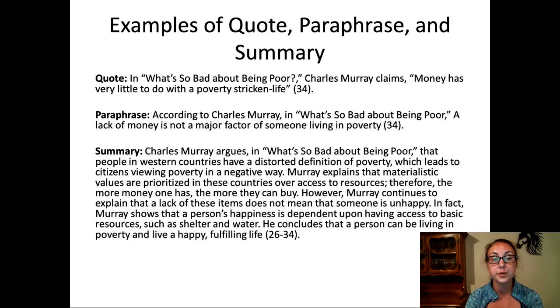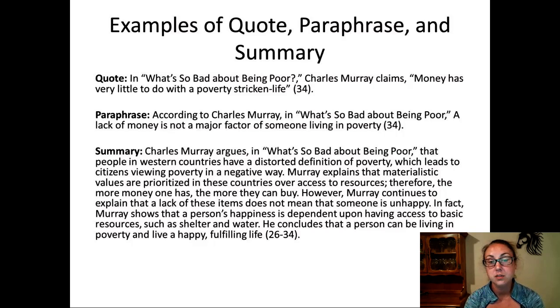In fact, Murray shows, so again, you have to have a lead-in phrase for every sentence in a summary containing source material, or any sentence containing source material. In fact, Murray shows that a person's happiness is dependent upon having access to basic resources, such as shelter and water. He concludes that a person can be living in poverty and live a happy, fulfilling life.